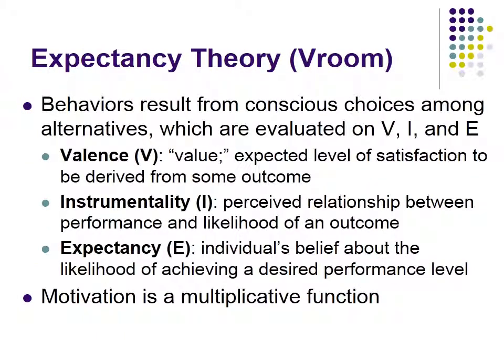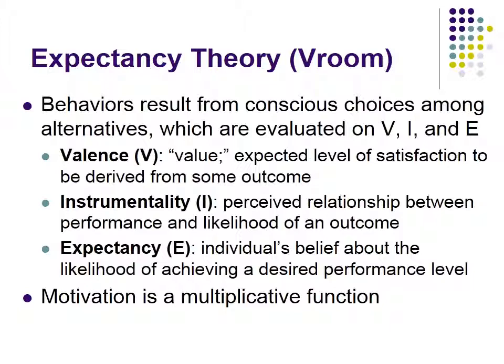So beyond equity theory, we now move on to expectancy theory by Vroom. Basically, expectancy theory is even more focused on the perceptions that are occurring in organizations. So behaviors result from conscious choices amongst alternatives, which are evaluated on V, I, and E. Basically, the V, I, and E are somewhat under the control of the organization.